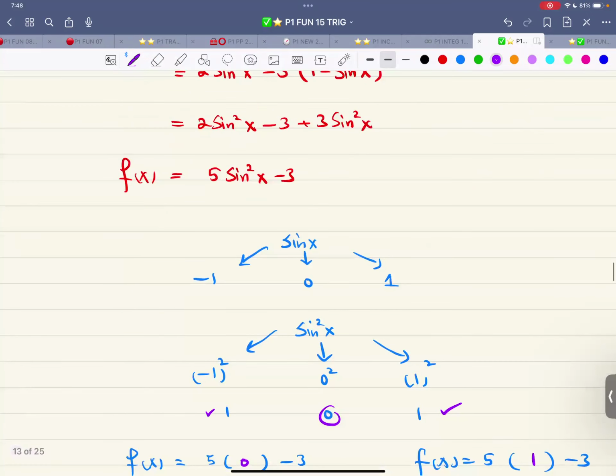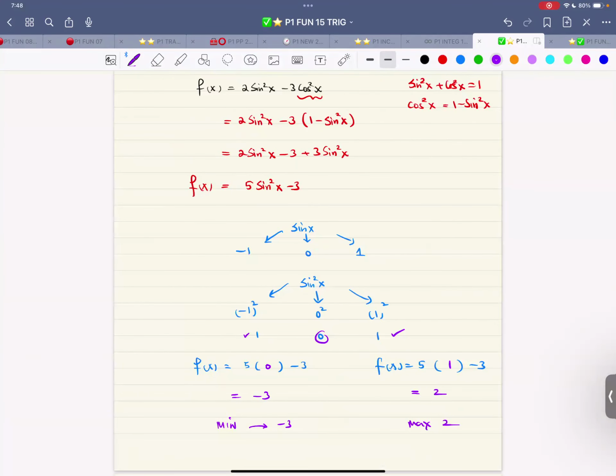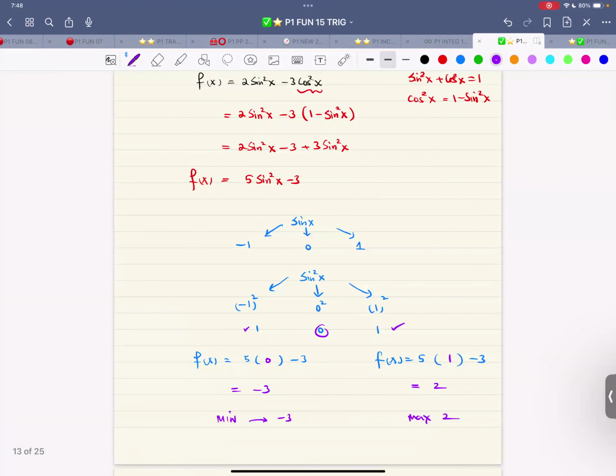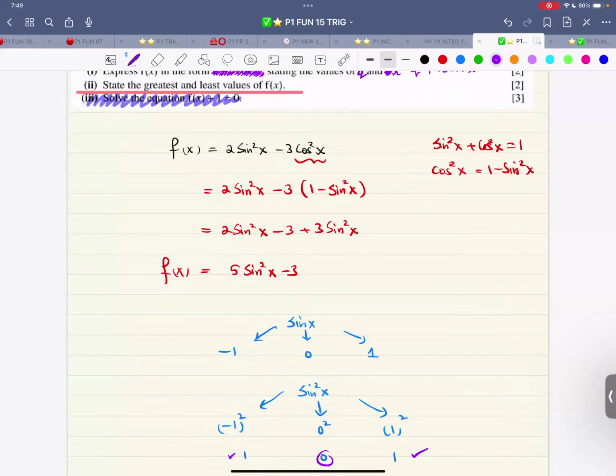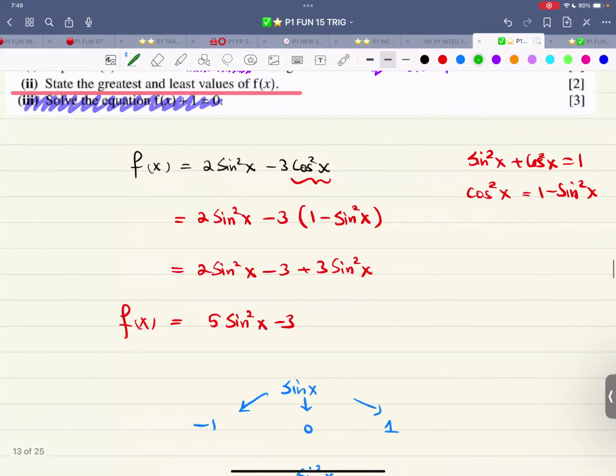So there are two ways in which I have done the question. One in which the examiner guided me to do it, the other one that was out of the box. I made you realize that the examiner could someday ask the same question by stating this. So what is the value of Q? Q plus R sine square x.